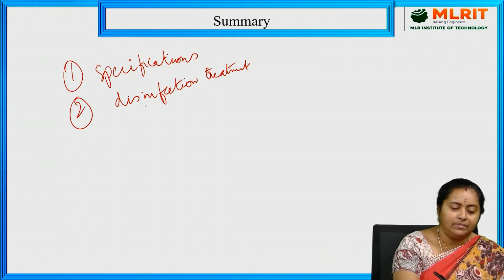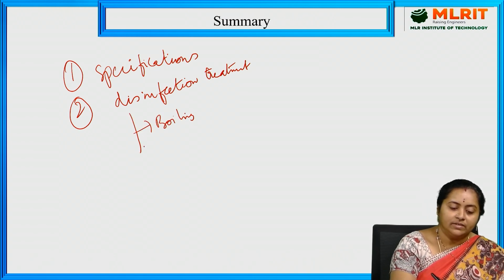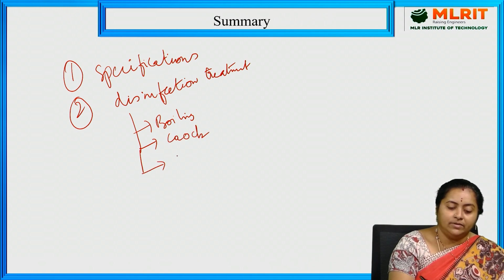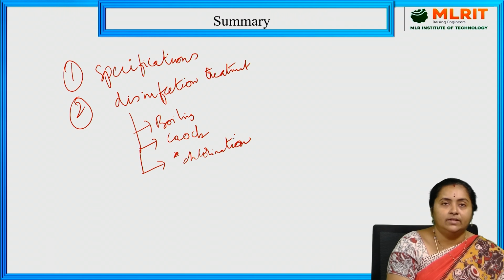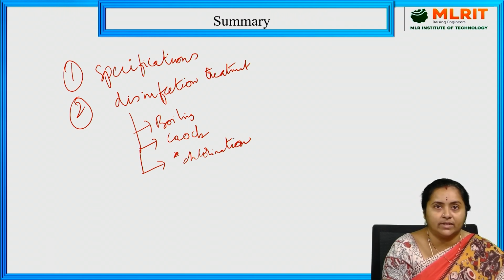In that, several methods we discussed. One is boiling. Second is addition of bleaching powder, that is calcium hypochlorite. Third and most important one is chlorination. Chlorination is considered the best suitable method for disinfection treatment of a water sample.